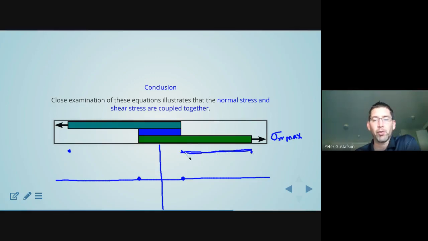Then what happens between this point and this point? Well, it's going to drop, right? We don't know precisely how. I'll just draw it looking something like that. That's pretty realistic, actually. Now, ask the same question of this other side. So that sigma xx is going to kind of do this.